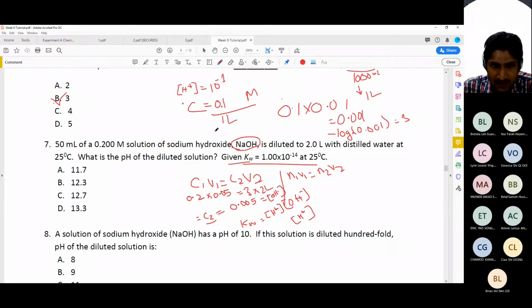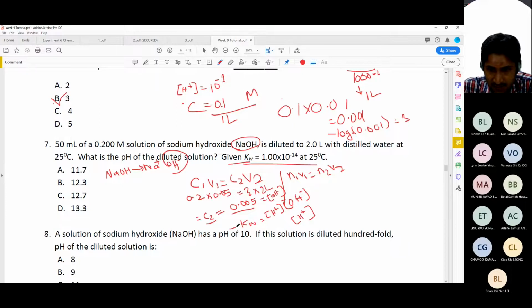It is one single arrow: sodium hydroxide produces sodium ion and hydroxyl ion. So 0.005 is the hydroxyl ion concentration.